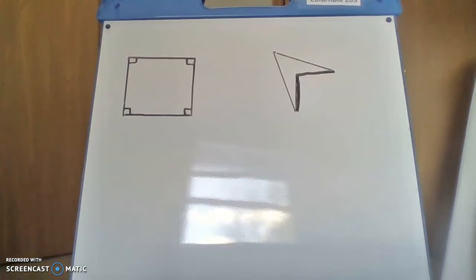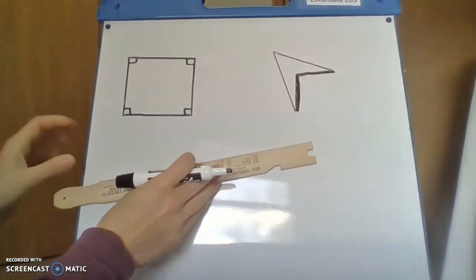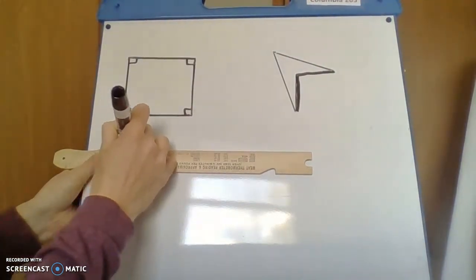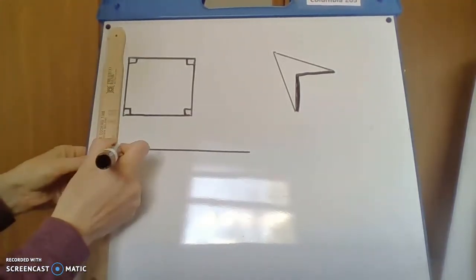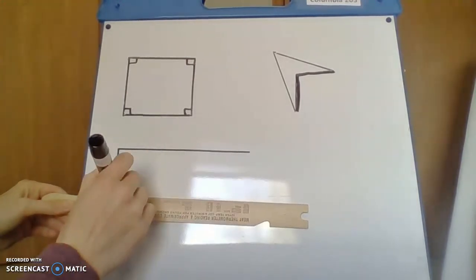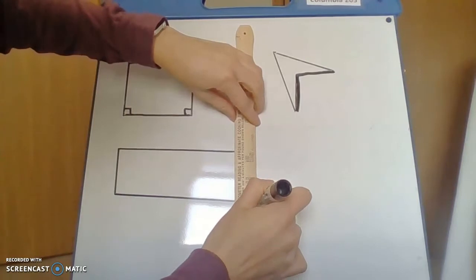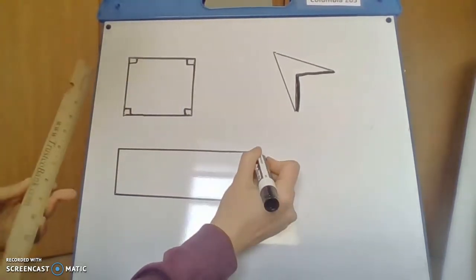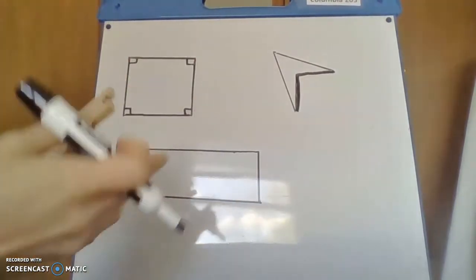All right, so let's try 2 more. And I'm going to try my best to use my ruler because it helps me, of course. Oops. Just try my best here. So there's one shape I'm going to do.